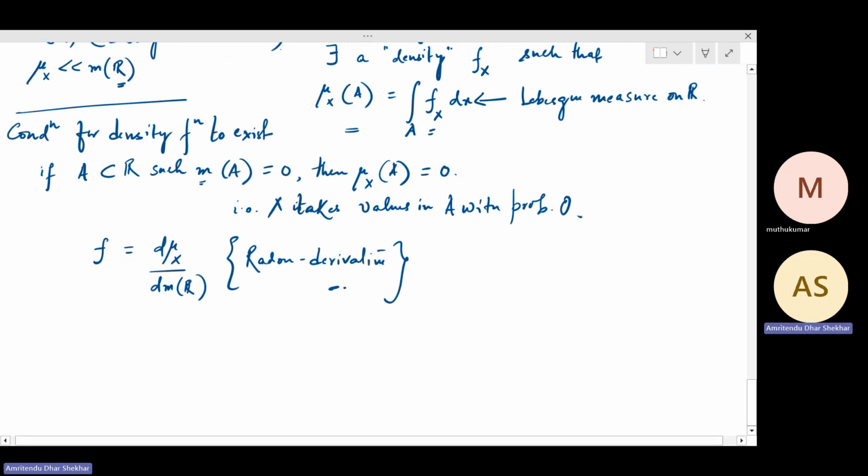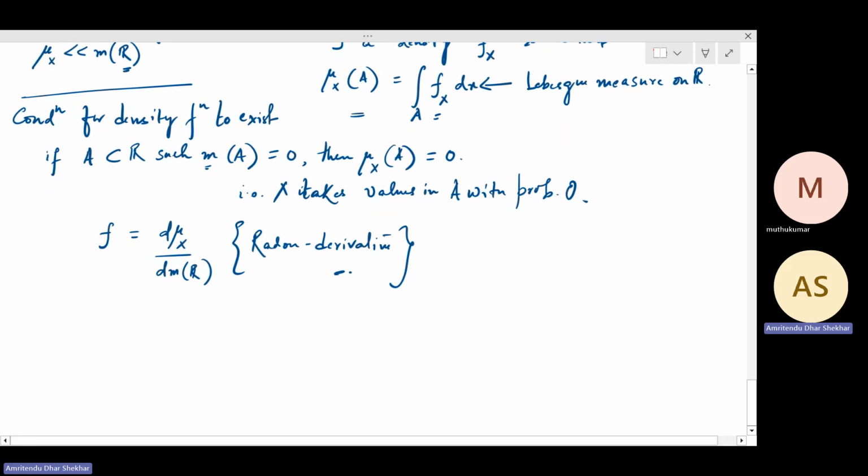And of course, the condition for this Radon derivative to exist is that mu x has to be absolutely continuous with respect to the Lebesgue measure on R.